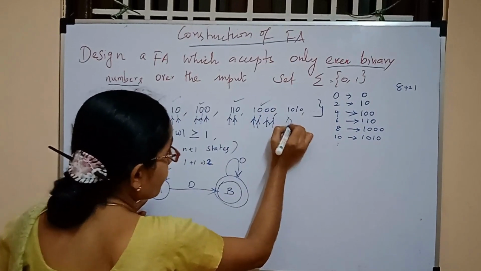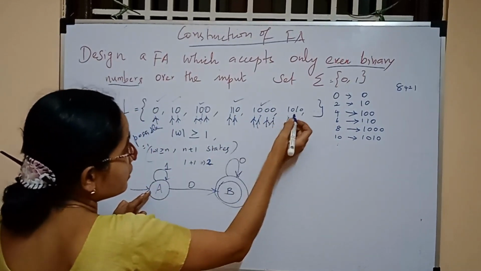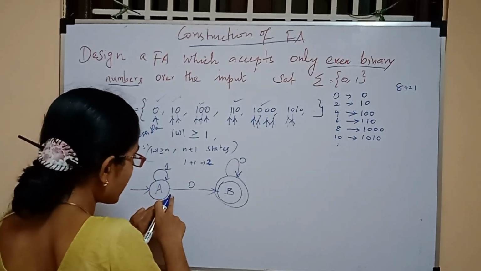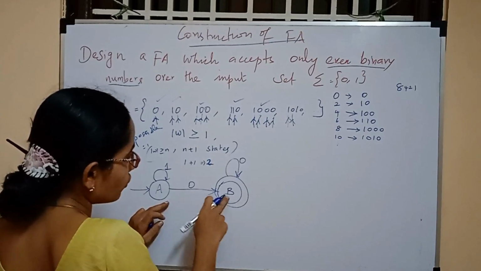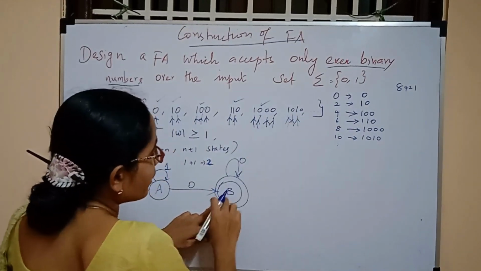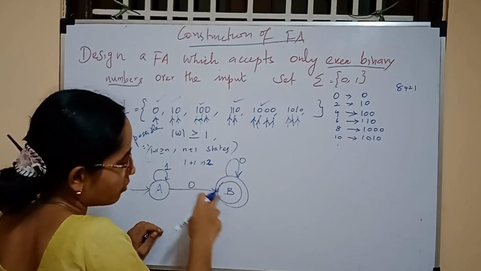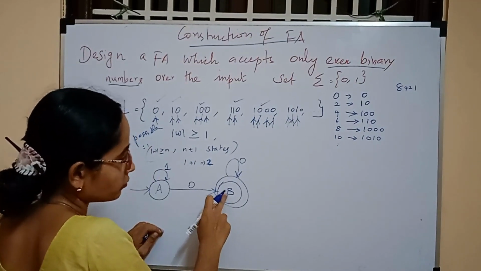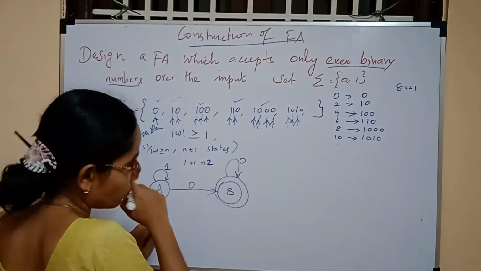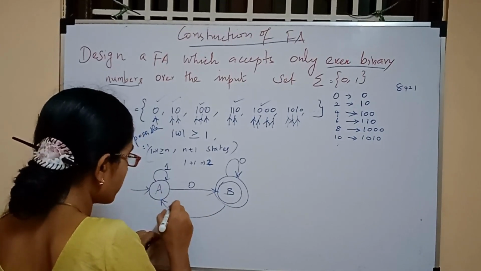What about this? You are reading the symbol 1, you are staying on state capital A, and then you are getting 0. So being on A, upon seeing 0, it moves to capital B, and then you are having 1. So whenever I'm on state capital B and seeing a symbol 1, in that case I am making a move to A, right?